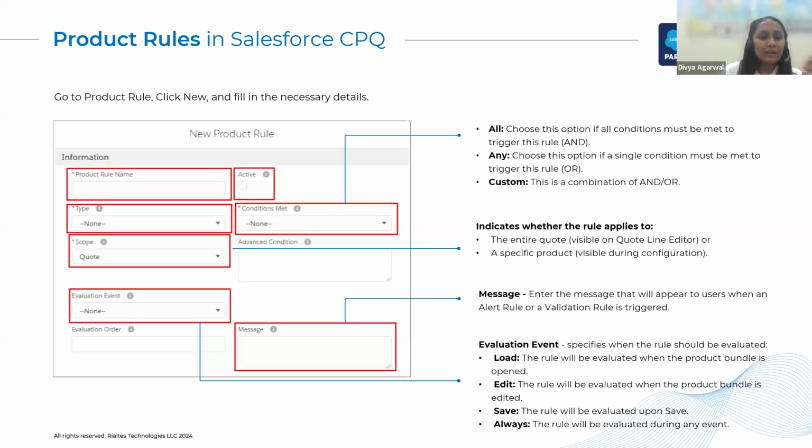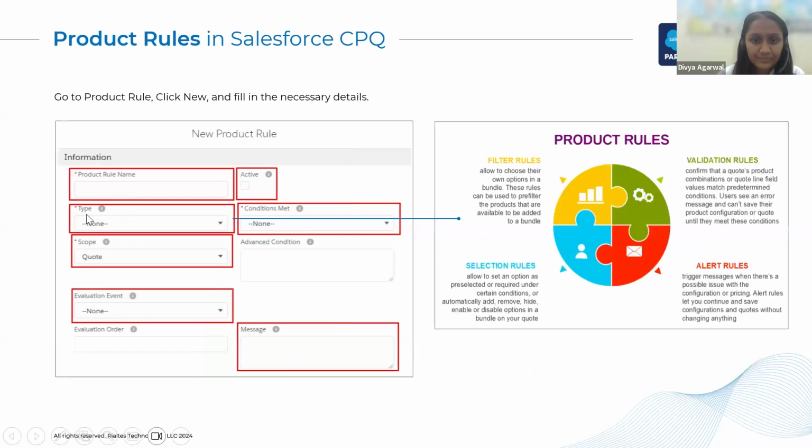The evaluation event tells us when this product rule will work, upon save or upon load. And then we have a message. Message is used to describe a message in case of an alert. If the product rule is a type of alert, then we will use this message field. Let's discuss this type field in more detail.